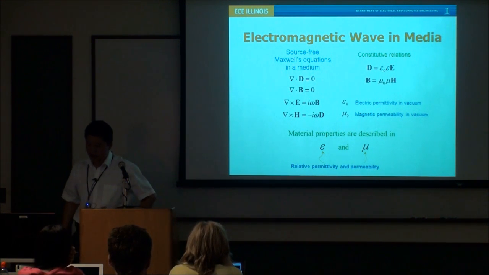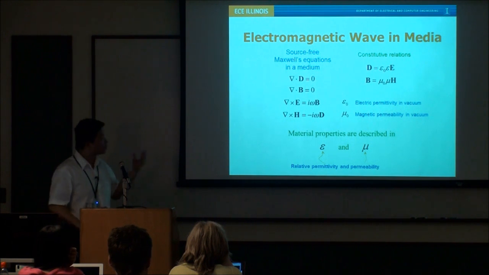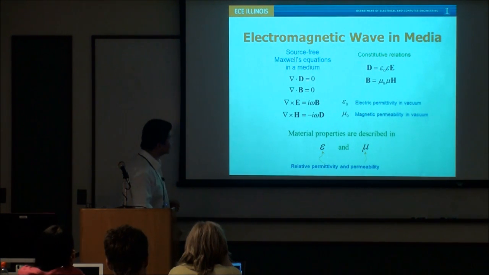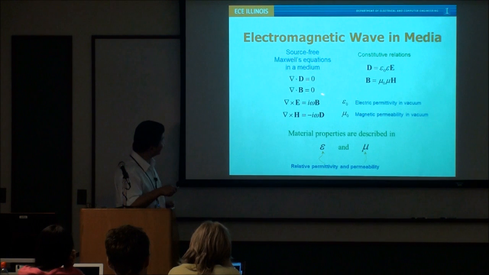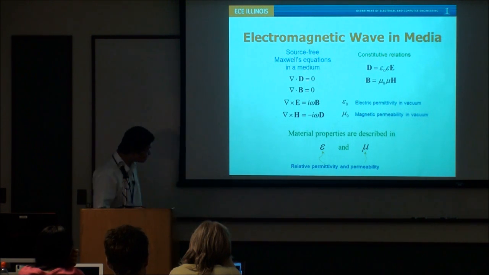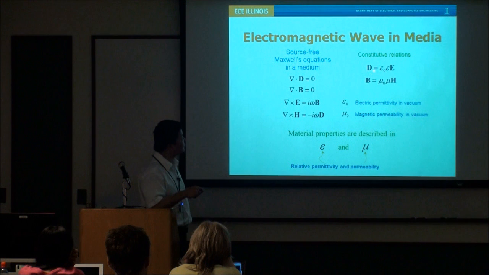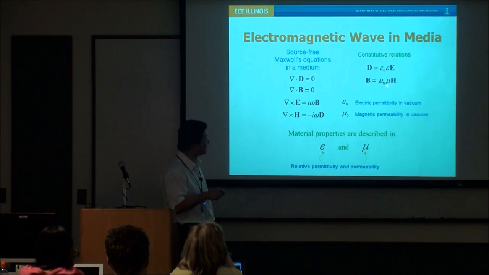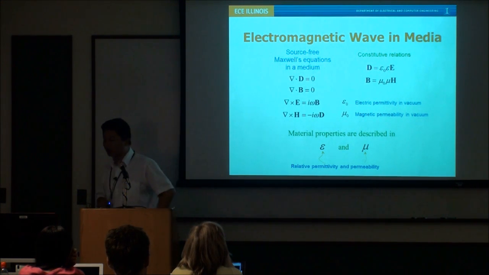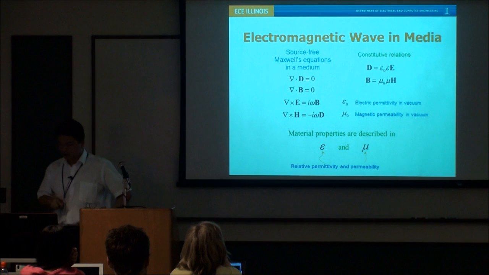So these are the source-free Maxwell equations in the media, and then we have the electric displacement D, the electric field E, and the magnetic fields B and H. Okay, and we can relate D with E and B with H by the permittivity and the permeability.